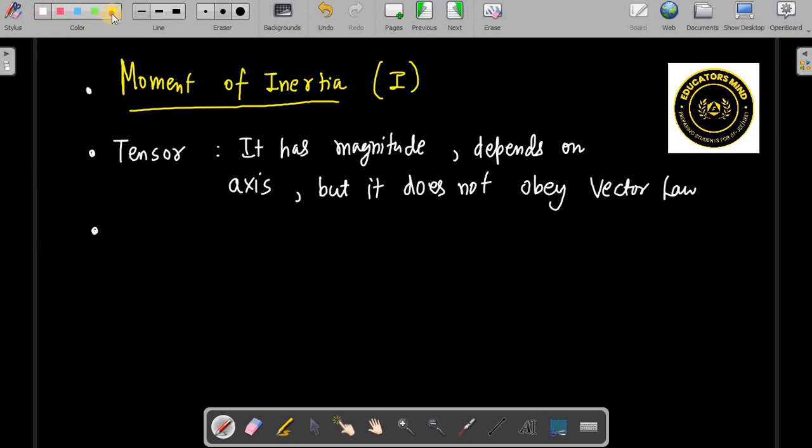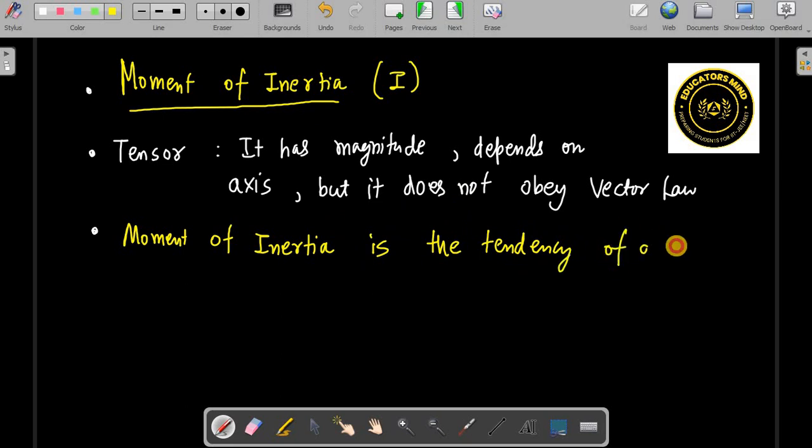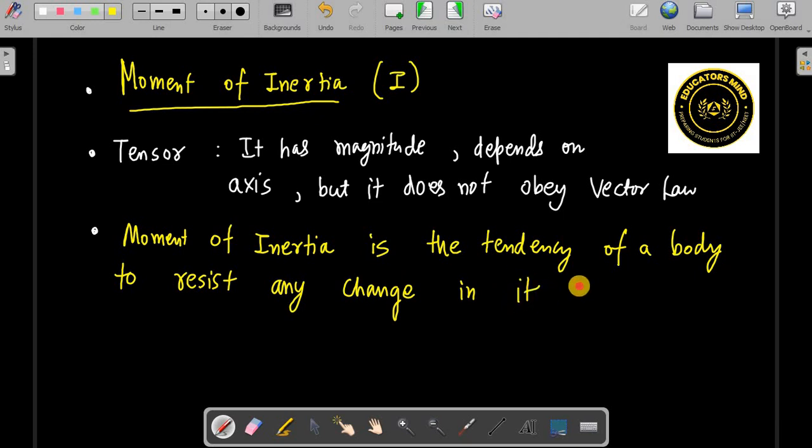Definition: moment of inertia is the tendency of a body to resist any change in its state of rotational motion.